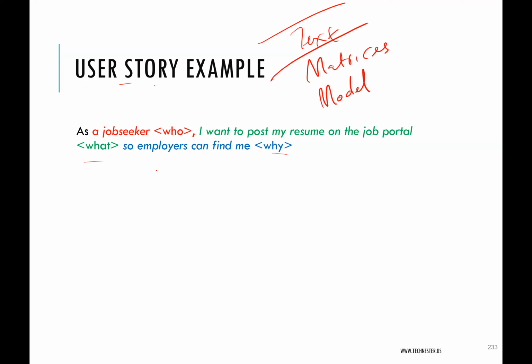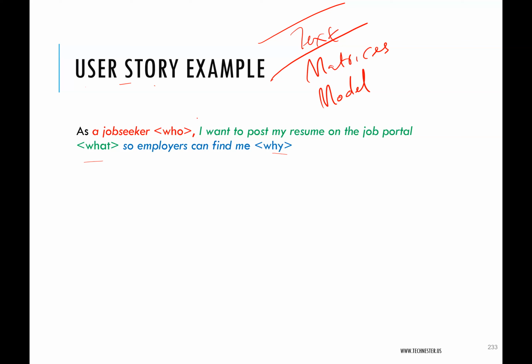You are writing the requirement from the perspective of the stakeholder that needs the requirement. In this example, let's assume a job seeker has this requirement. So we'll write it from the perspective of the job seeker: As a job seeker, I want to post my resume on the job portal so employers can find me. So that's the job seeker's requirement.